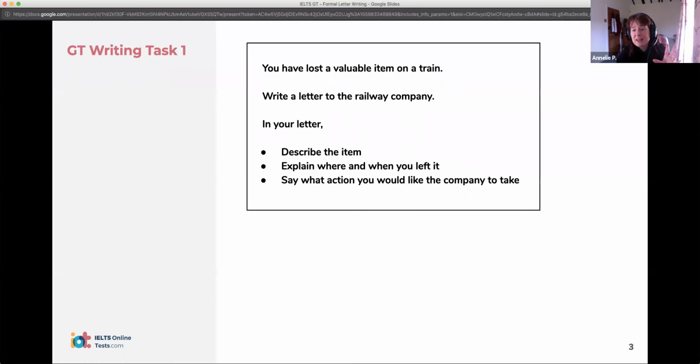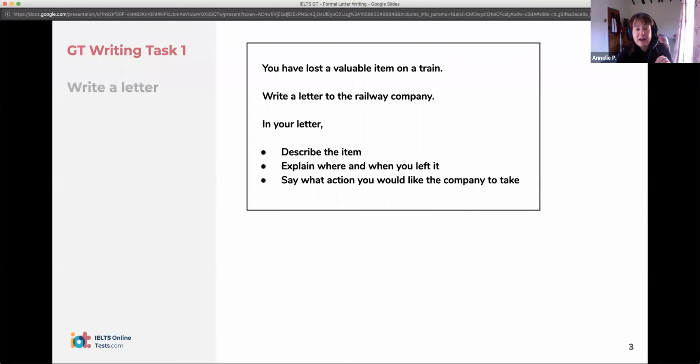So this is our sample task that we're going to look at today. You can see that you have a situation, then it tells you who you're writing to, and then it gives you always 3 bullet points with 3 specific things that you need to include in your letter.